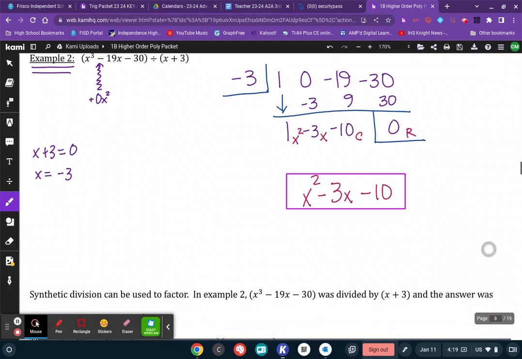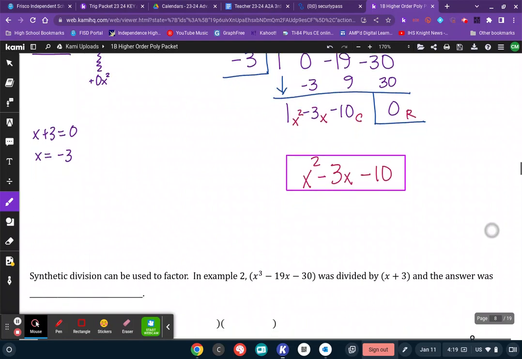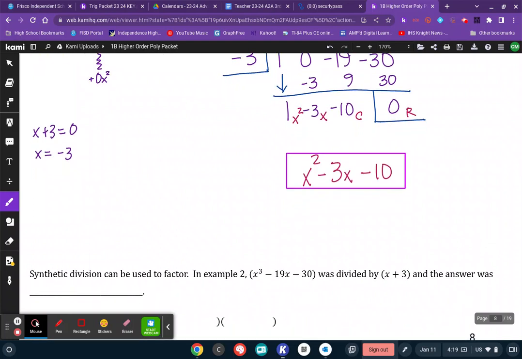There's a statement here on the page that says synthetic division can also be considered a method of factoring. In the previous example, we had our dividend here, x to the third minus 19x minus 30. It was divided by this factor x plus 3, and my answer was x squared minus 3x minus 10.